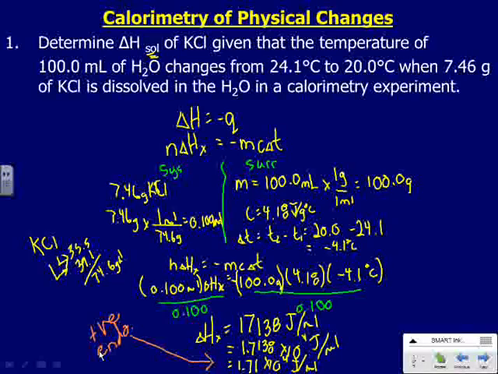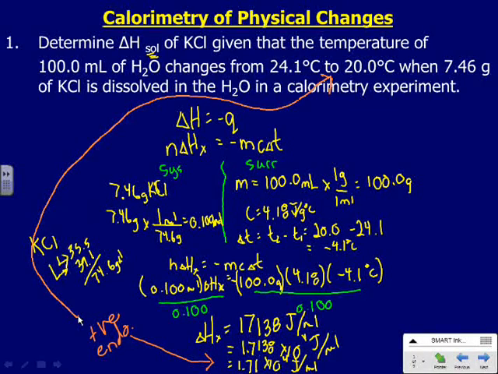It took energy in. And when something is endothermic, it tends to get cold. And as you can see up here, our temperature dropped, which means it got cold. So that was an endothermic reaction when the potassium chloride dissolved. It resulted in a positive delta HX.